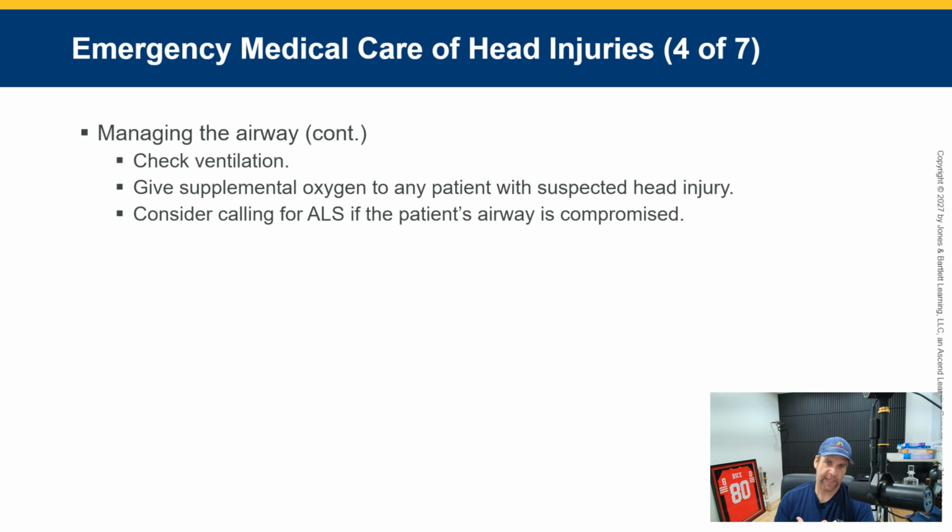Then a non-rebreather mask would be more appropriate because they're breathing fine mechanically, so they just need higher concentrations of oxygen to get into their alveoli and blood, and then they'll have more oxygenation throughout their body. It all depends on the situation.